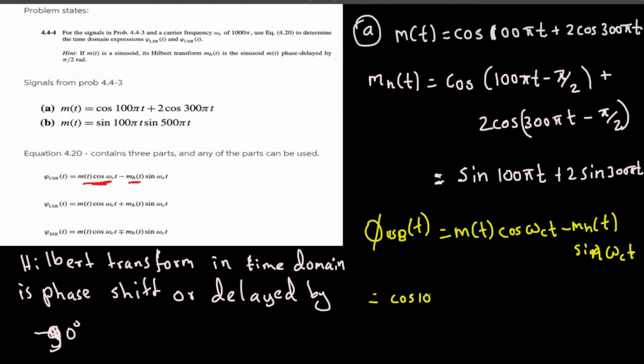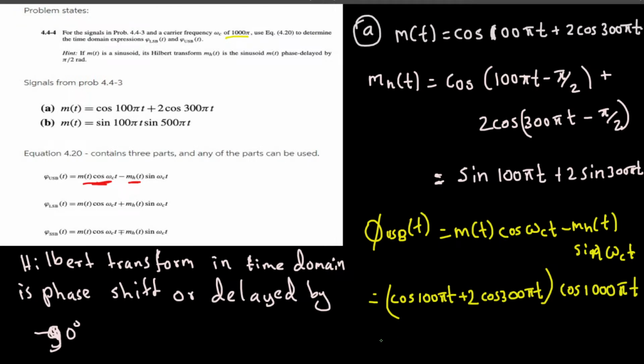That is multiplied by cos omega ct, where omega c is given in the question as 1000π, so we substitute that: cos 1000πt.